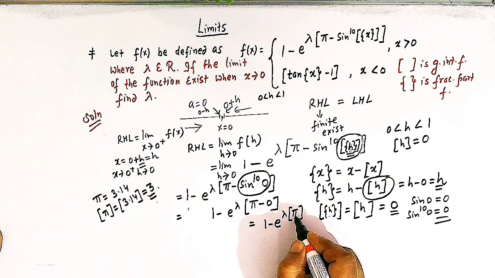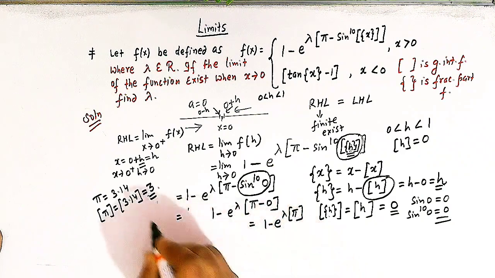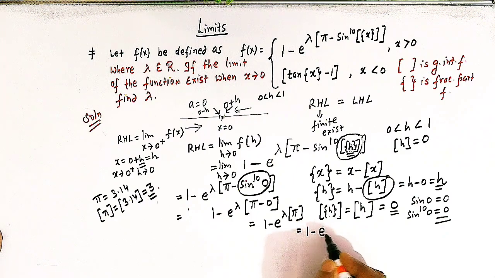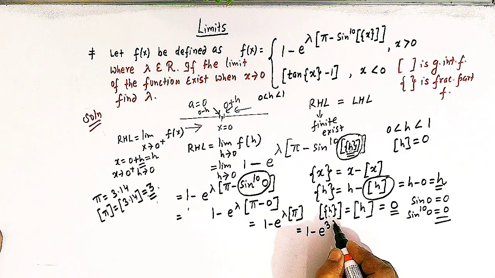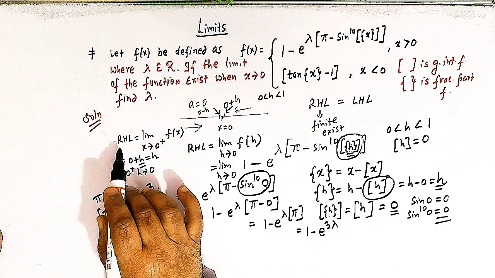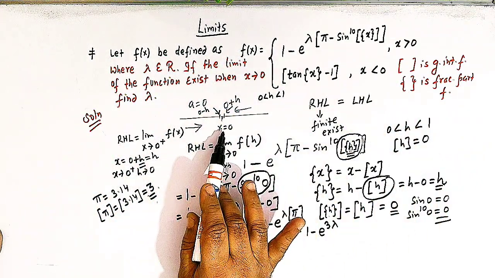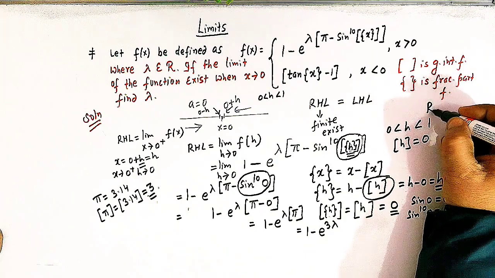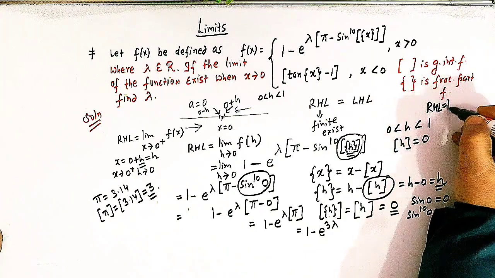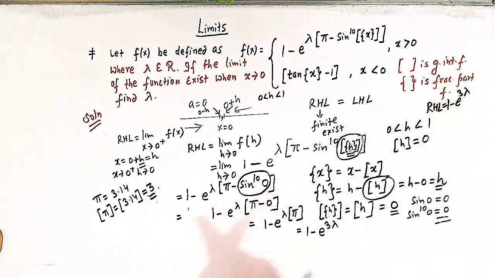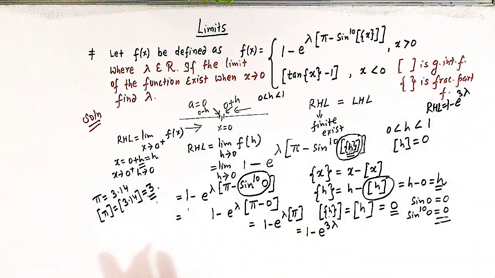So here we have greatest integer of pi is equal to 3. So now we can write 1 minus e raised to 3 times lambda. So the right hand limit of this function when x approaches 0 is given by 1 minus e raised to 3 times lambda. So now let us find out the left hand limit.